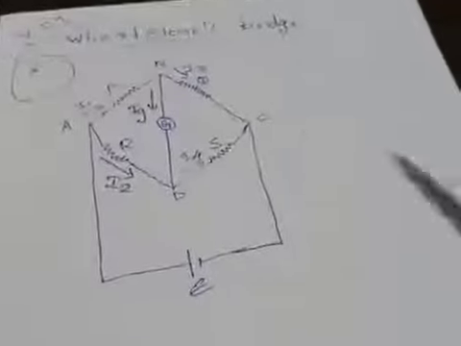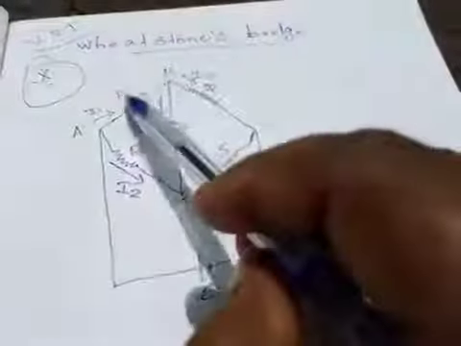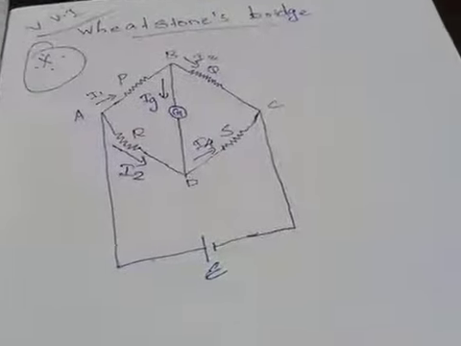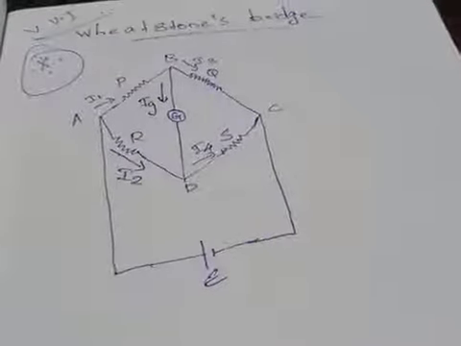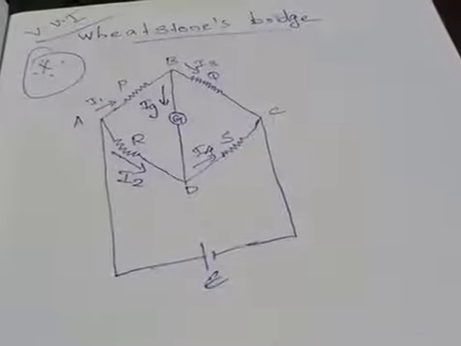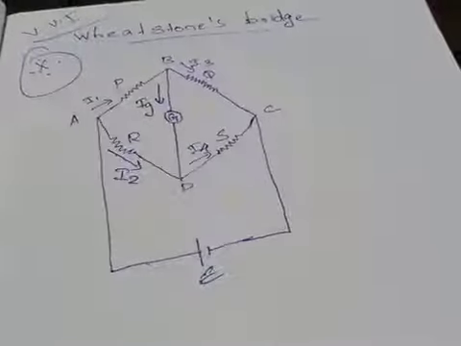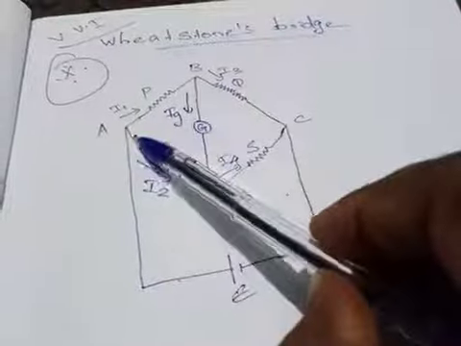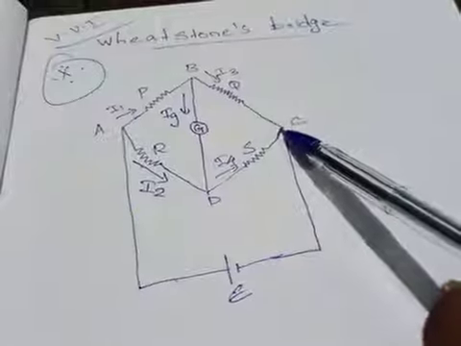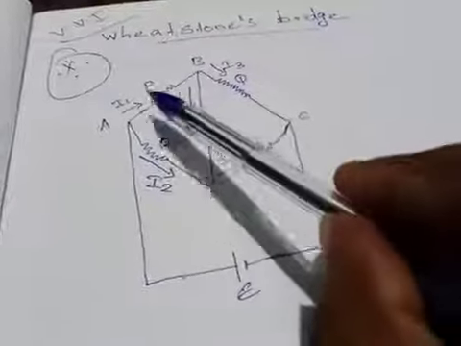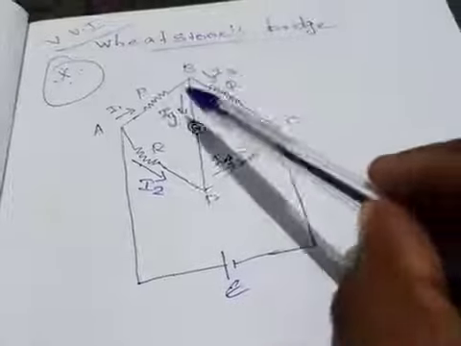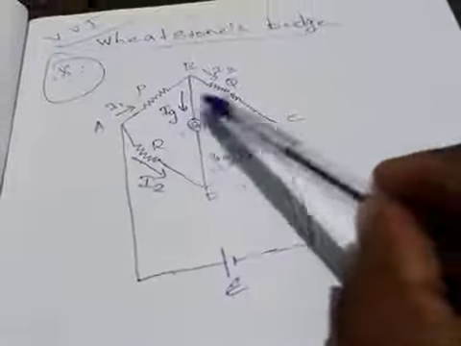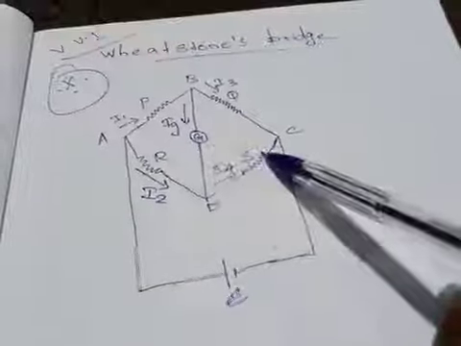So what is the use? Here you can see 1, 2, 3, 4 resistances. By using this Wheatstone bridge, they are comparing the resistances and determining the unknown resistance. Suppose they know the values of two adjacent resistors, then the other two they can compare.